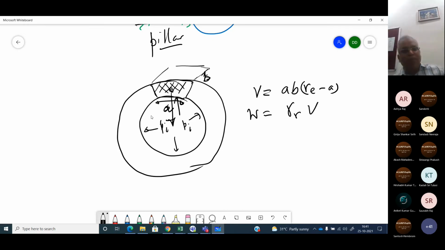Now, can anybody tell me, when I assumed Pi, did I consider this weight in my analysis? Did I consider that weight in Pi when I assumed it? Anybody?